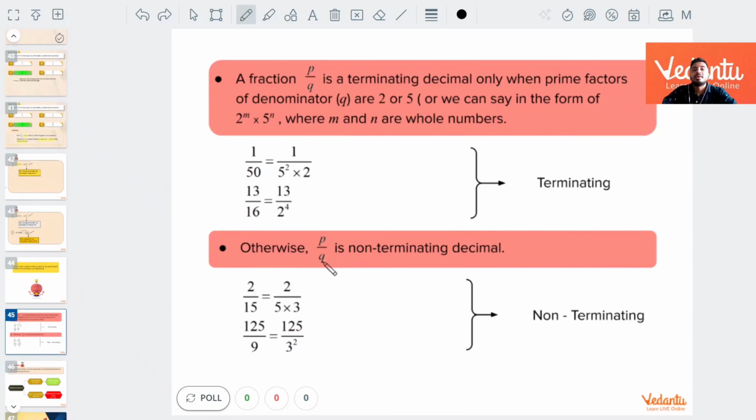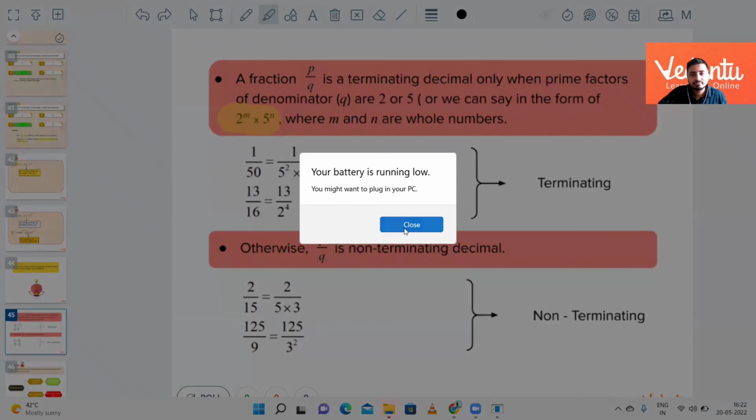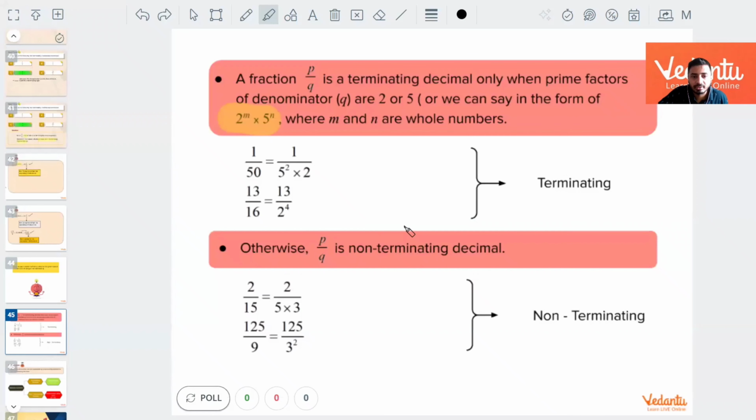An example of non-terminating is 2 by 15. Here the denominator has 5 and 3, and 3 is extra. In the denominator we want only 2 to the power n or 5 to the power m, nothing extra. Other than that, it will not be considered terminating.